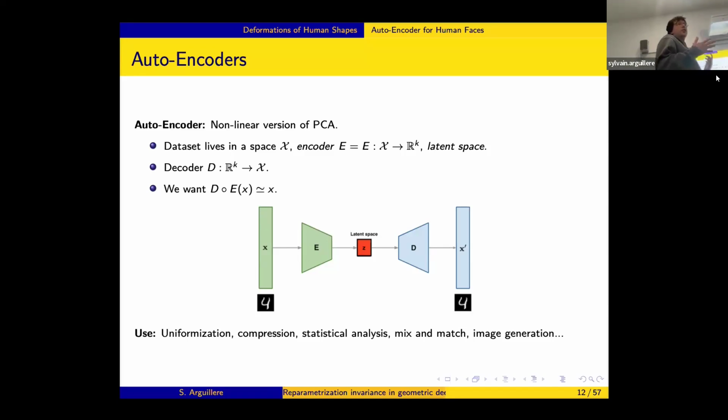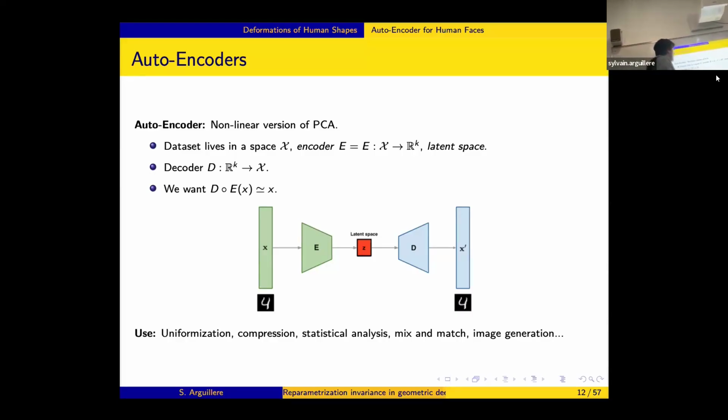So if you do the linear version, so it's PCA, the encoder is just the coefficients of the PCA: if you have data, you just project it onto the space generated by the first k values of your PCA. And that gives you the latent variable. And then if you have coefficients for the directions in the PCA, you can turn them back into data by just taking the linear combinations of the eigenvectors, of the PCA vectors.